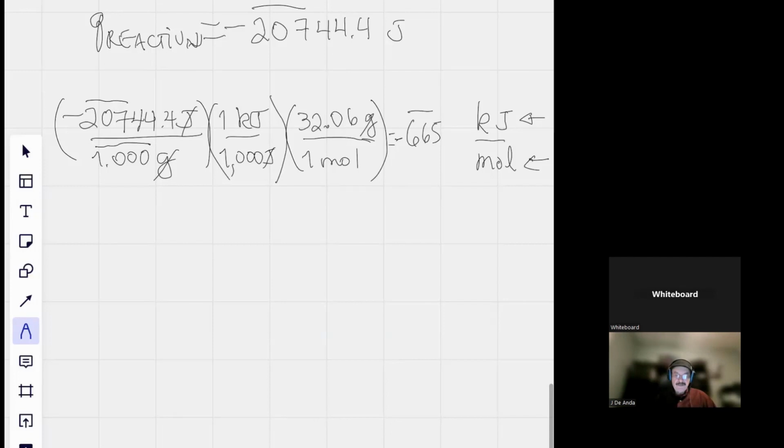And this would be our answer, or what we'd call the molar heat of combustion. Notice that it is negative because, as expected, a combustion reaction is exothermic and therefore it should put energy or heat out into the surroundings.